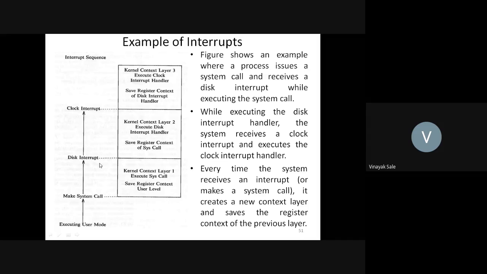After some time there is an interrupt from the disk, so there is another context layer for execution of the disk interrupt, and so on. So every time the system receives an interrupt, it creates a new context layer and saves the register context of the previous layer.